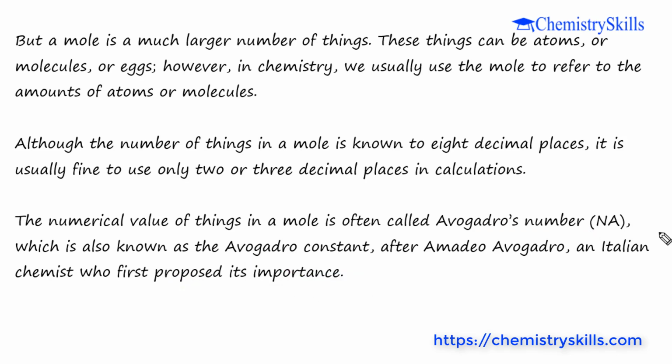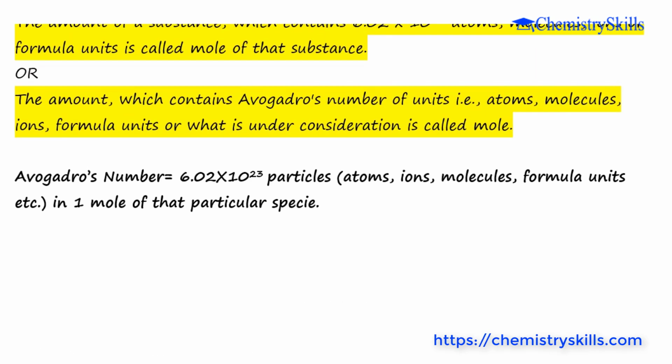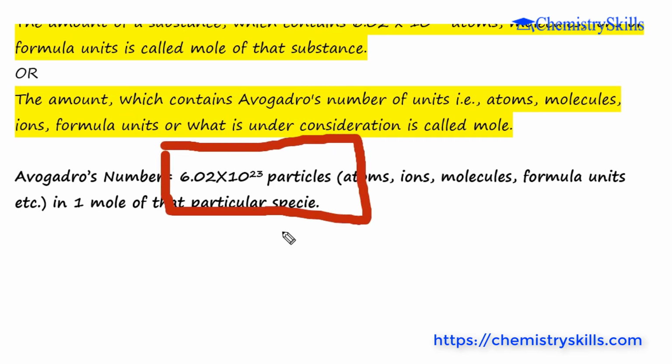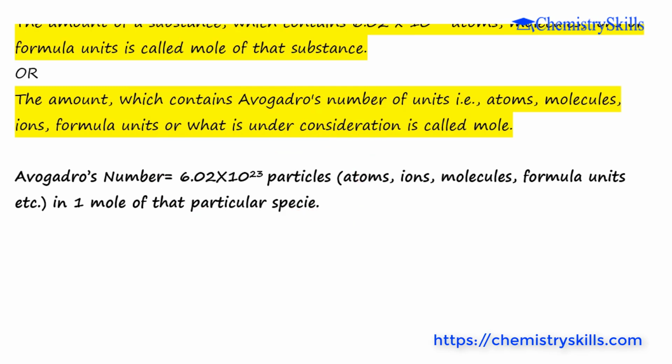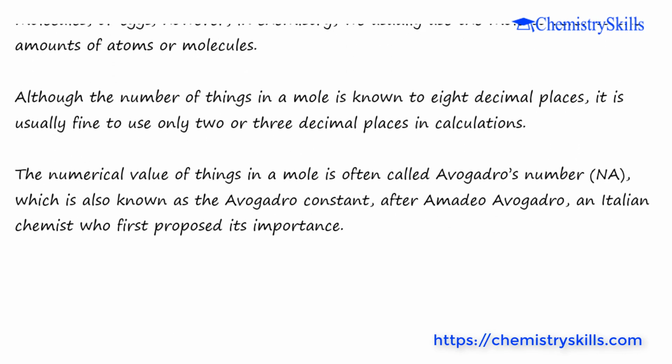As I have discussed earlier, its value is 6.02 times 10 to the power 23 particles, which can be atoms, ions, molecules, or formula units in 1 mole of that particular species. Understand? So now I would like to discuss the mole in more depth.